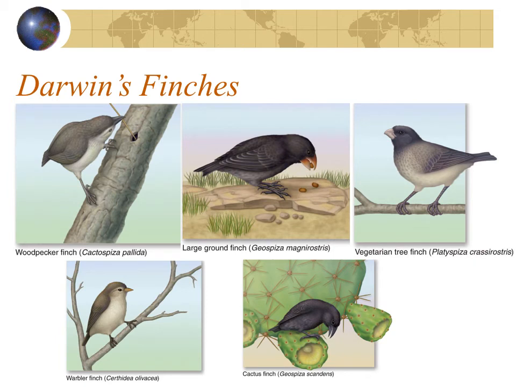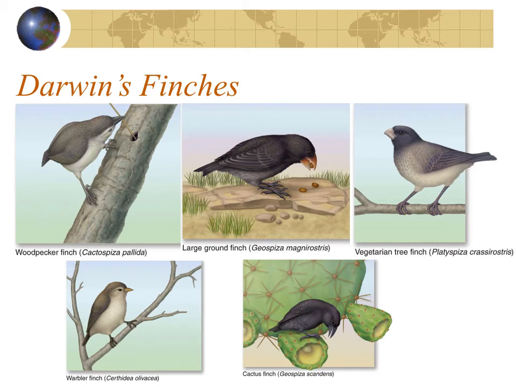Okay, Darwin had an example of this that he found. He found many species of finches on the Galapagos Islands. The finches were particularly diverse, and they had beak shapes that were very unusual for finches, and habits that were far different from the finch species that were found in South America.